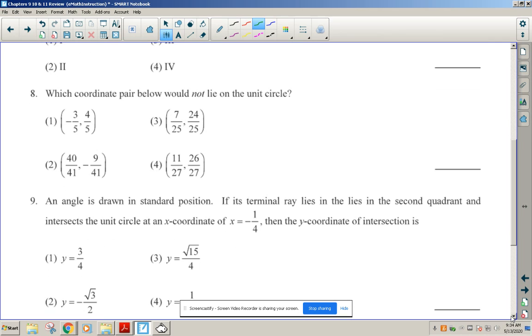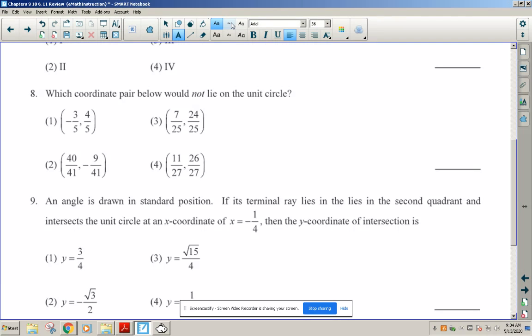Now, which coordinate pair would not lie on the unit circle? If you are not on the unit circle, you would not fit in the Pythagorean theorem, because remember, when you're on the unit circle, I just am going to type this one now.